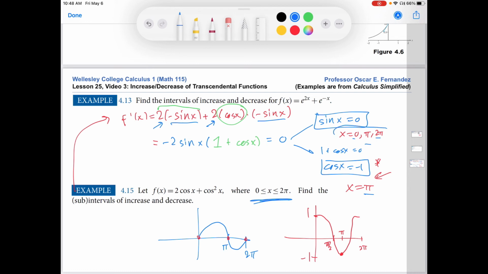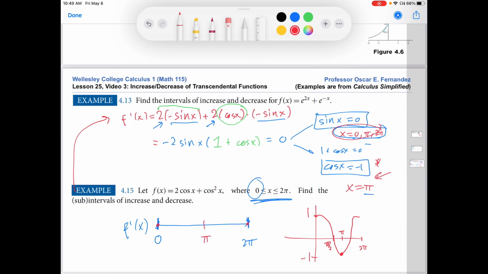This is the information we're going to use to construct our sine chart. Let's look at a sine chart for the derivative f prime of x. On the left-hand side, I'm going to put the left boundary of the interval, 0, and on the right-hand side, the right boundary, 2 pi. Then I'm going to put all the other points we got from here: 0, 2 pi, and then half of it, pi.